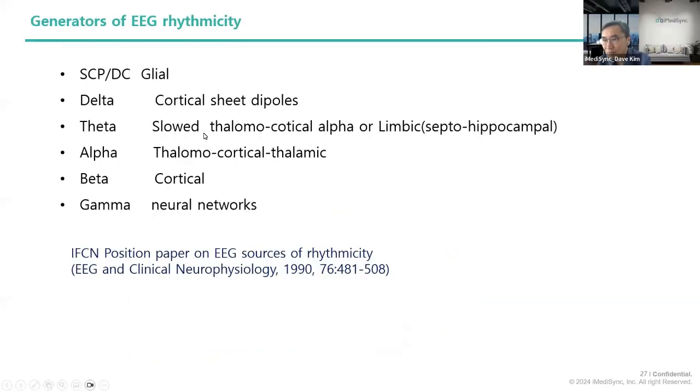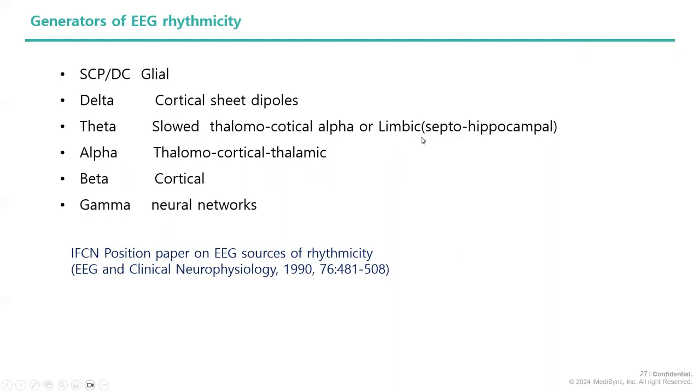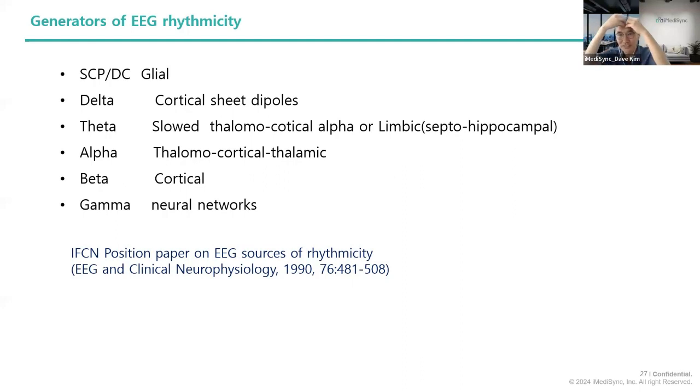Alpha is made by the thalamocorticothalamic loop, a very long loop, and theta is made by the limbic loop. Limbic is another medial structure: anterior cingulate, hippocampus, parahippocampus, posterior cingulate, which make another limbic circuit.